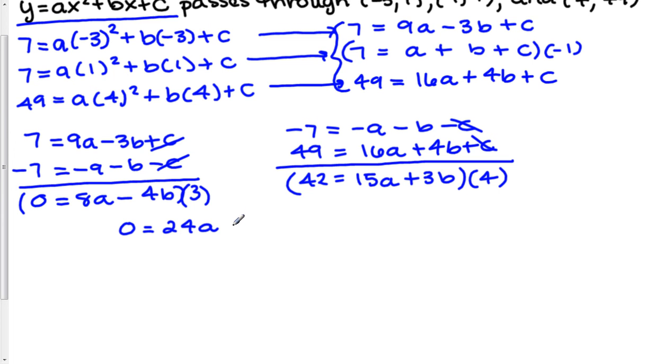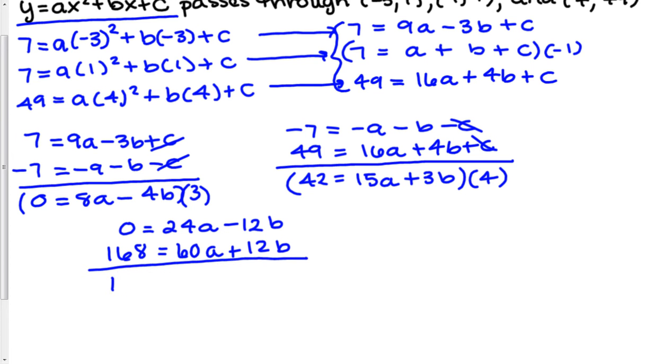Negative 4b times 3 is negative 12b. Then I multiply by 4. 42 times 4 is 168. 15 times 4 is 60a. And 3 times 4 is 12.